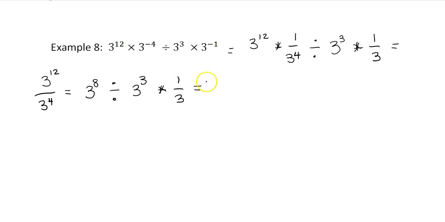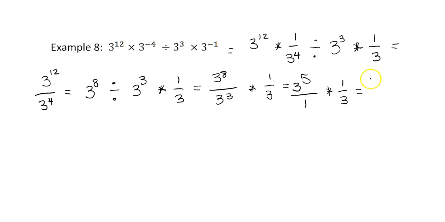So now I've got 3 to the 8th over 3 to the 3rd times 1 over 3. Well, this is going to reduce to 3 to the 5th over 1, times 1 over 3. When you multiply that out, I get 3 to the 5th over 3, which is 3 to the 4th.